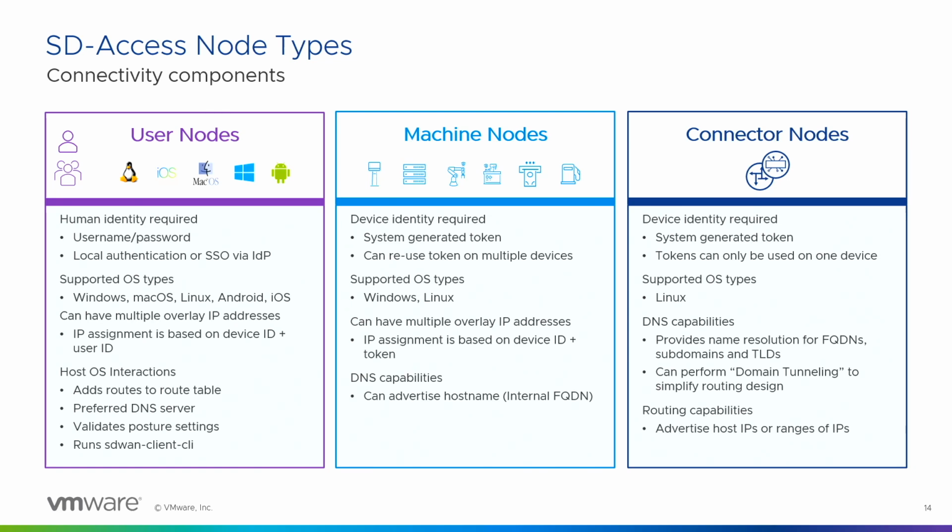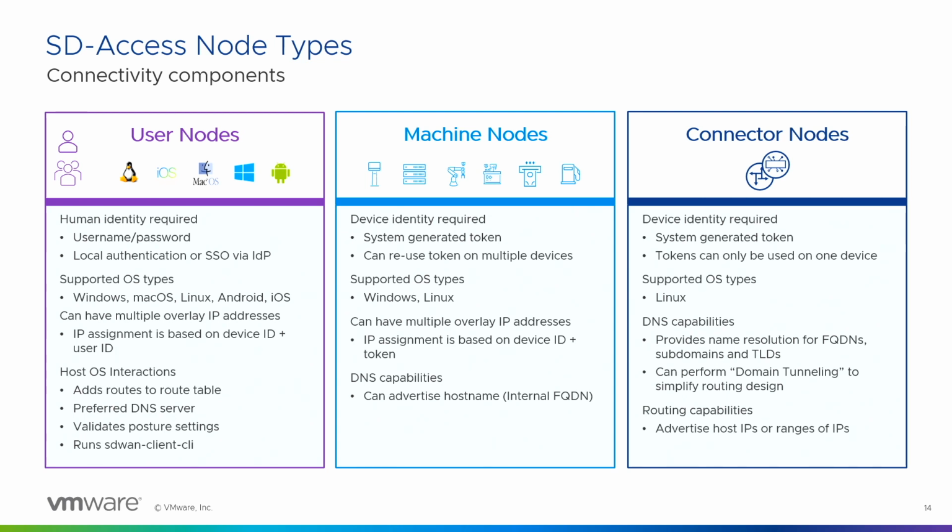I quickly want to talk about some of the different connectivity components that we have within the solution. Nodes are basically the building blocks of our solution. We define 3 different types of nodes: the user nodes, machine nodes, and the connector nodes.